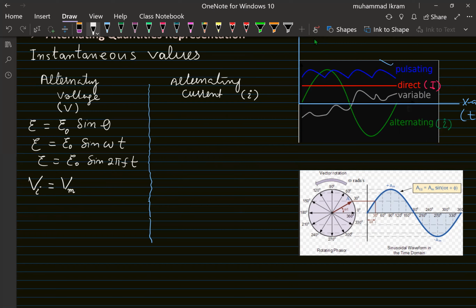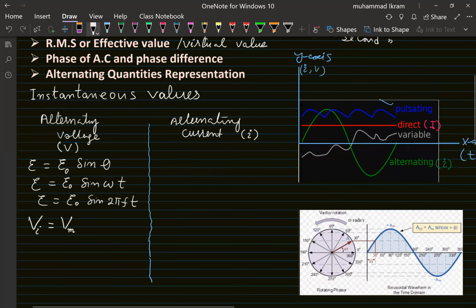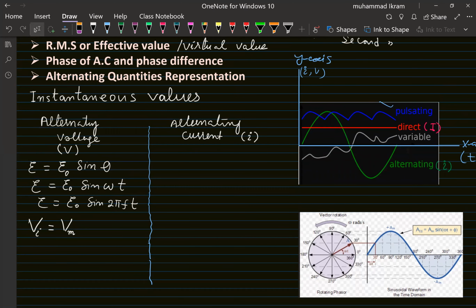If you see V naught, or Vm, or V max anywhere, it represents the maximum constant value that the circuit can attain. So v equals V max into sine 2 pi f t.